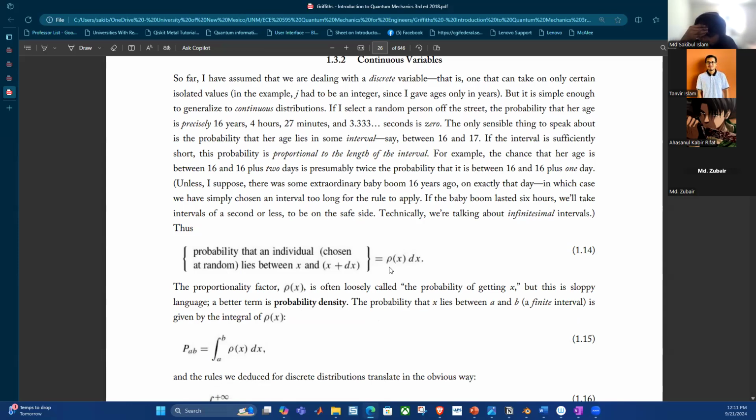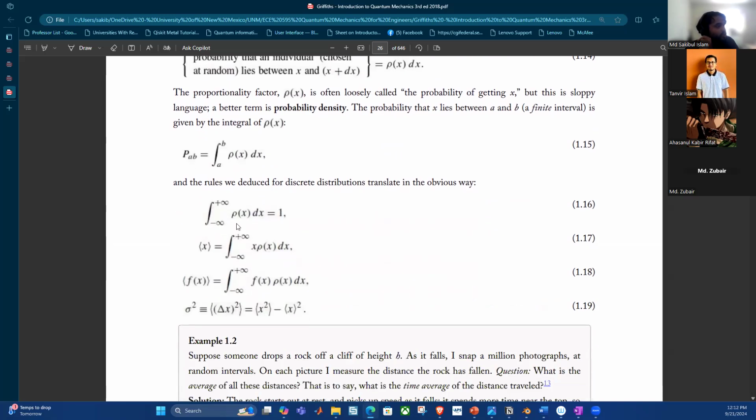Usually in the discrete case we do the summation, and for a continuous variable we do the integration, because the infinitesimal dx tends to 0, the distance between x and x plus dx has limit tending to 0. So we need to do the integrations. If you do the integration over this, it will end up as 1 actually. So from there we can do the same things actually.